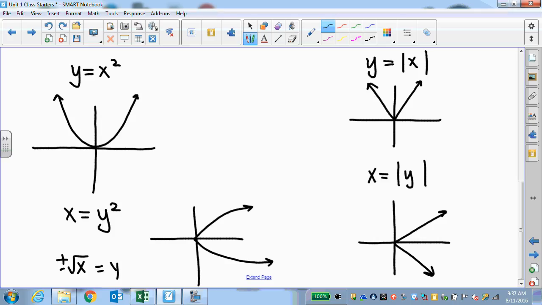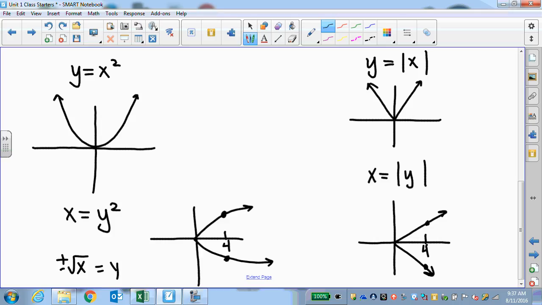For example, the x value 4 on this graph, when 4 equals y squared, that means y could be either 2 or negative 2. And same thing here. If x is 4, that means y could be either 4 or negative 4. There's that one x value going to two different y values, making it not a function.